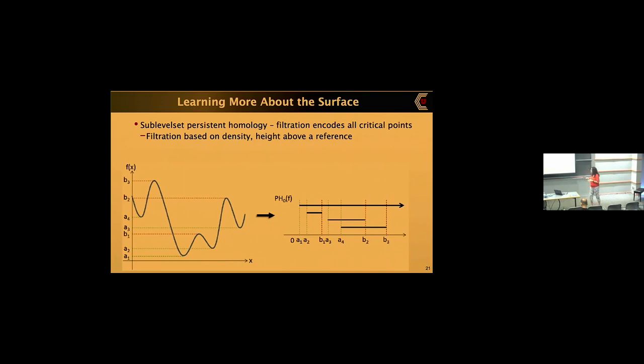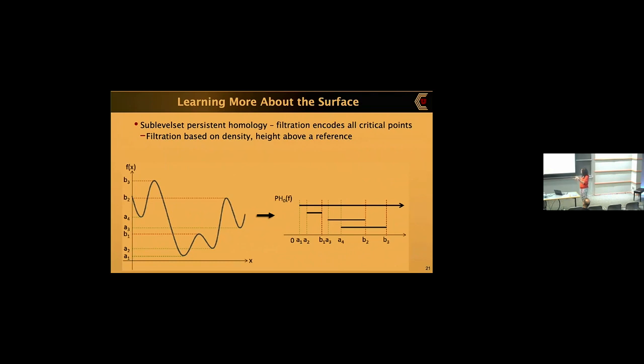This minimum is the first component, and then as we increase our filtration parameter, which is the variable that the function depends upon, let's say energy or height, we start off at the lowest component, then another component emerges from a second minimum. When we increase our filtration and overcome the barrier, those two components merge. So then we only have one component.